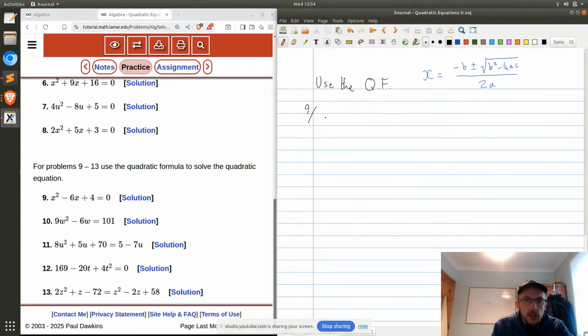Well, I'll get that x is 6 plus or minus the square root of b squared, well, that's 36, minus 4ac, well, that's 16, so 20, all over 2, just like that. So that's root 20 is 2 root 5. So it's going to be 3 plus or minus root 5. Just like that.